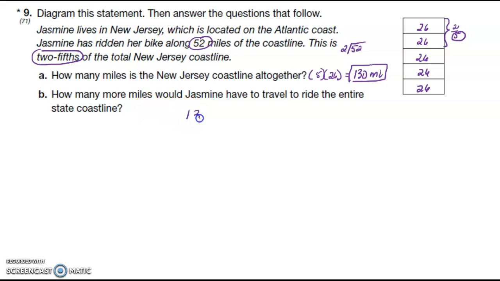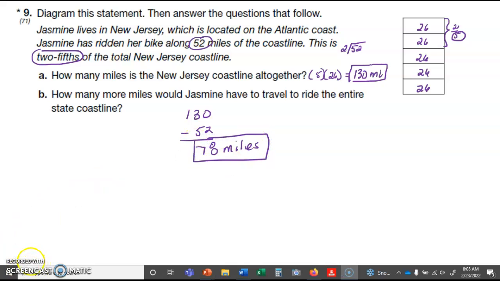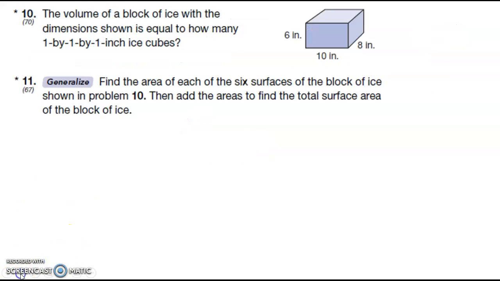So let's see, if it's 130 total and she's ridden 52 miles, I'm going to subtract, and I get 78 miles left. Okay, let's go to the next.